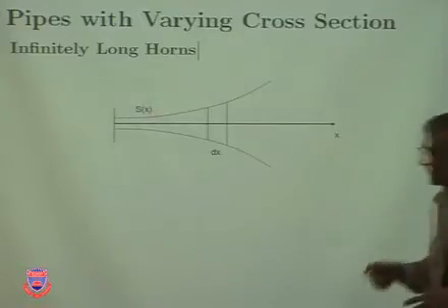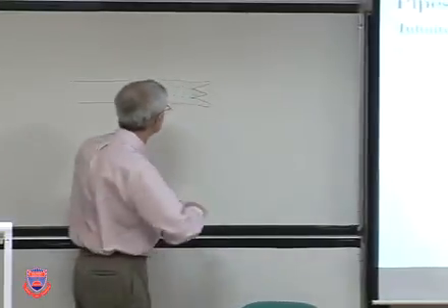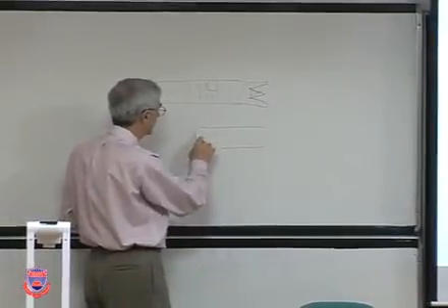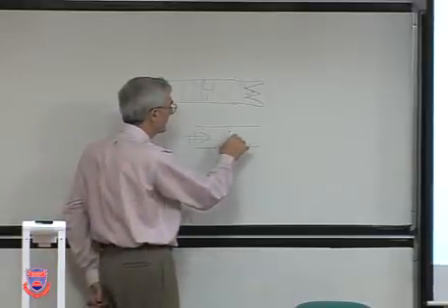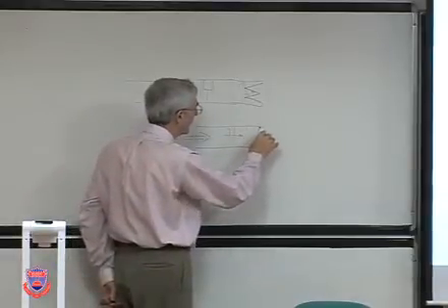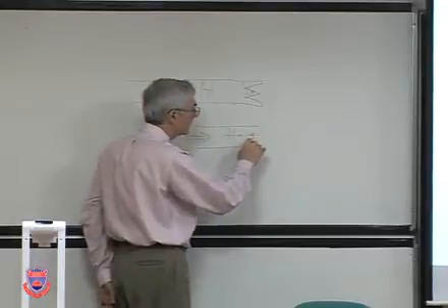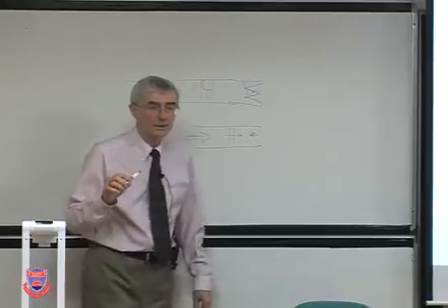Okay, remember, when you have a duct or a pipe, the plane waves propagate, and when they come to the end of it, they will reflect back. Now, this is important.